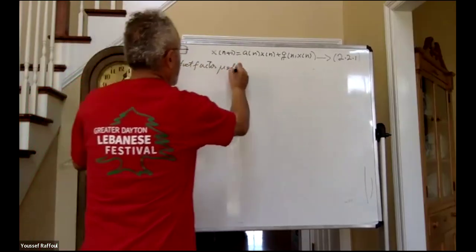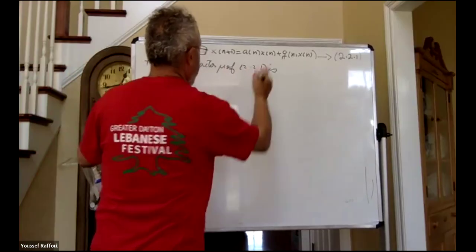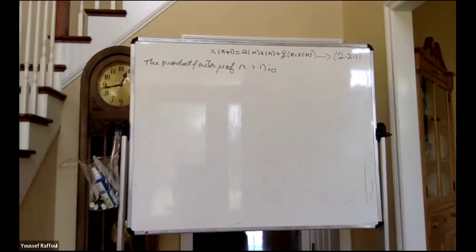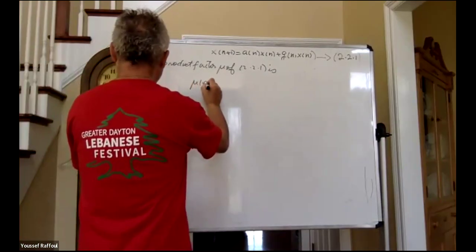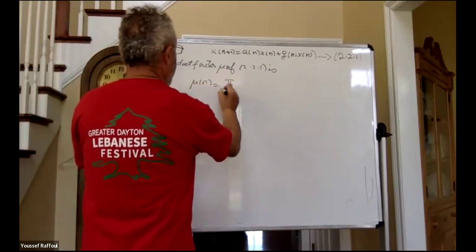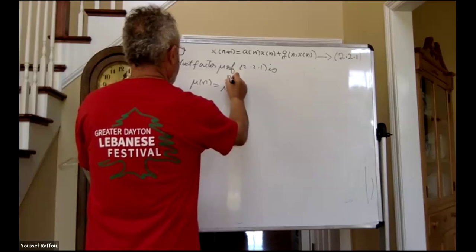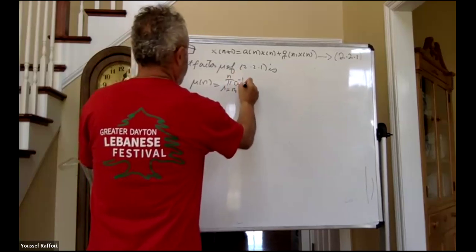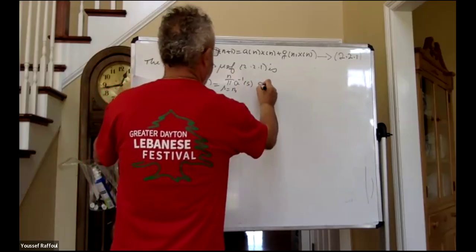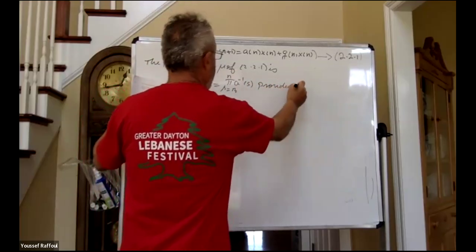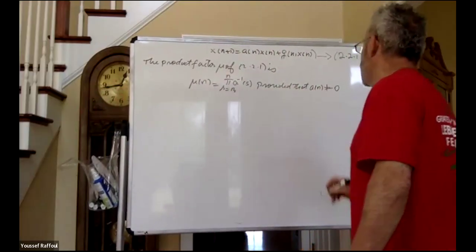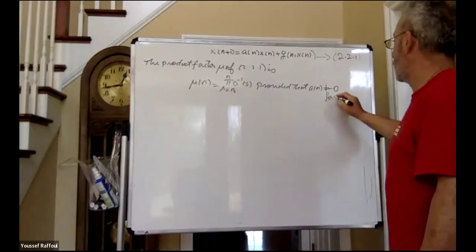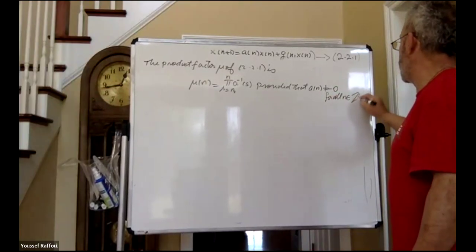A mu of 2.2.1 is mu(n) equal to the product over s equal n_0 to n of a inverse of s, provided that a_n is never equal to 0 for all n belonging to Z plus.